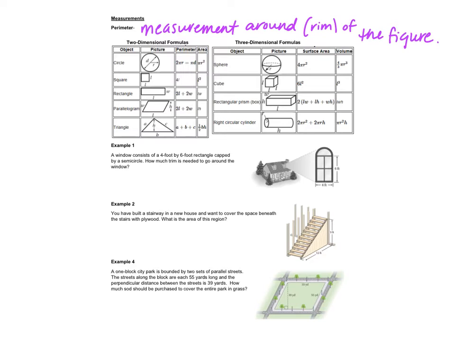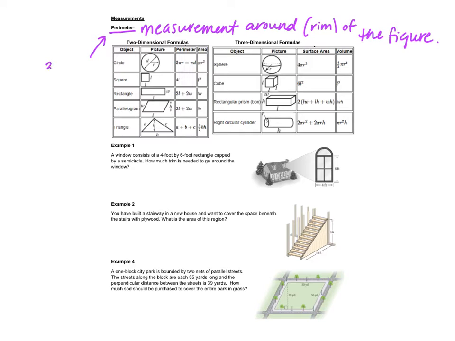Typically when we're measuring perimeter, we'll see some sort of addition happening. Here are some basic formulas for 2D and 3D perimeters. Remember, we're measuring the space around. In a two-dimensional space, the word for that is perimeter.